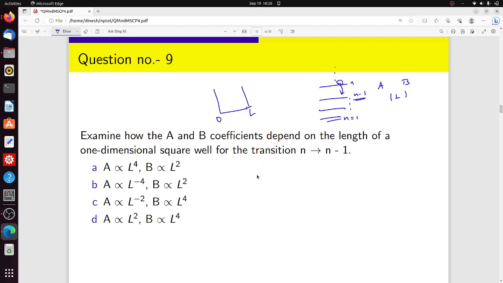Okay. We have learned that the Einstein coefficients A and B depend on the transition moment integral, the transition moment mu dot E. They depend on this.